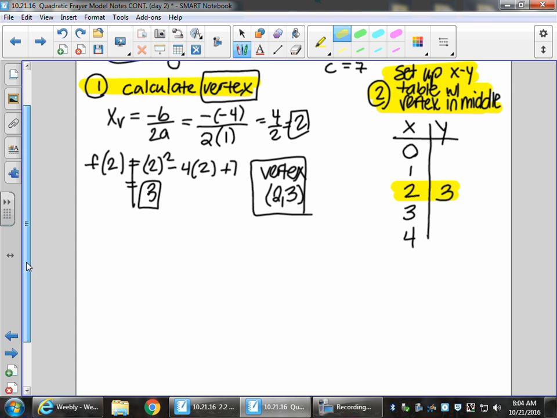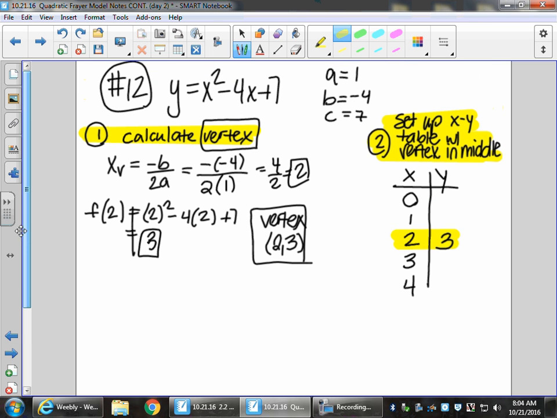Do I actually already know f of 0? Yeah. Very good. Where are they getting that from? The y-intercept. Now, if you didn't see it, that's fine. Go ahead and calculate f of 0, and you'll get 7. Okay?